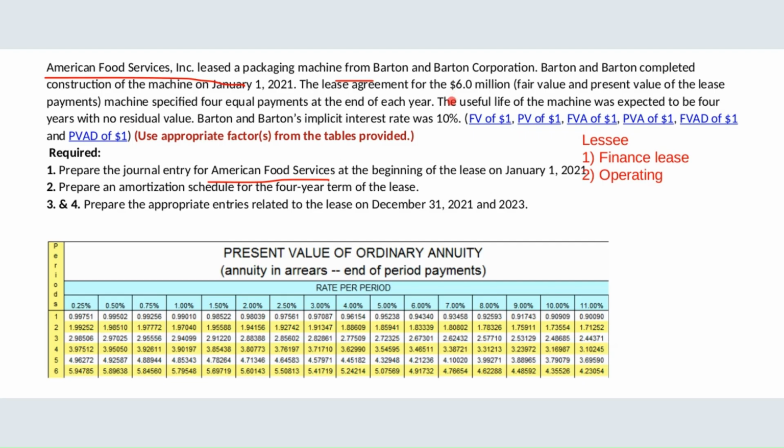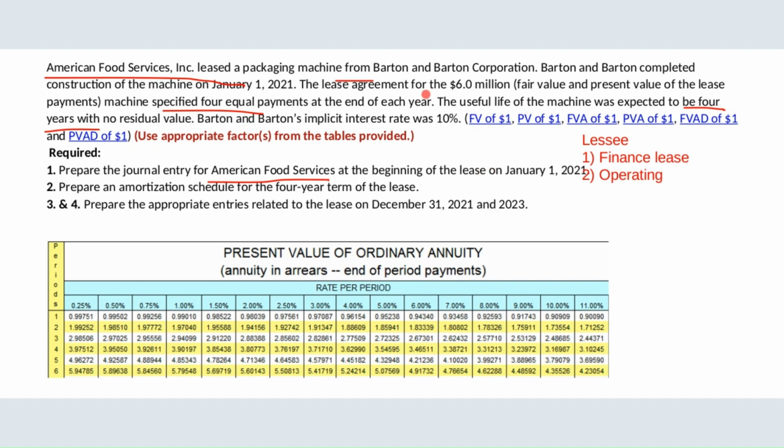The useful life was expected to be 4 years, and this lease is also for 4 years. So its economic life is equal to the term of this lease. It meets that criteria, so it's a finance lease rather than an operating lease.